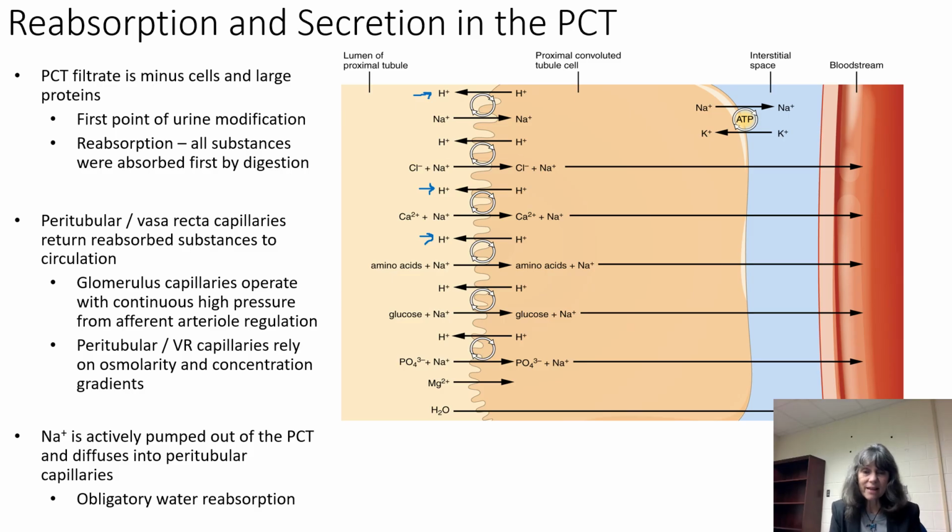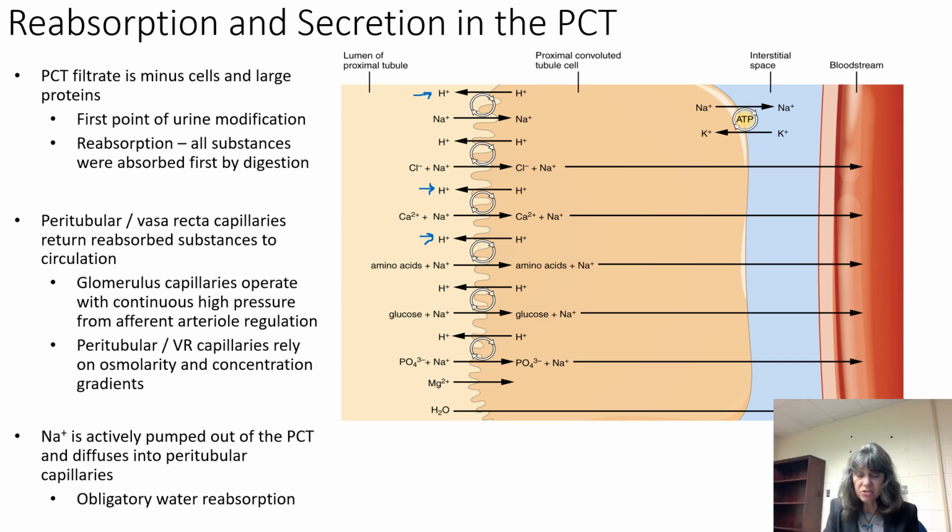So remember that the capillaries within the vasa recta are going to operate under continuous high pressure that's coming from the afferent arteriole, whose lumen can also be regulated in terms of its opening because of the juxtaglomerular cells, which are smooth muscle cells.